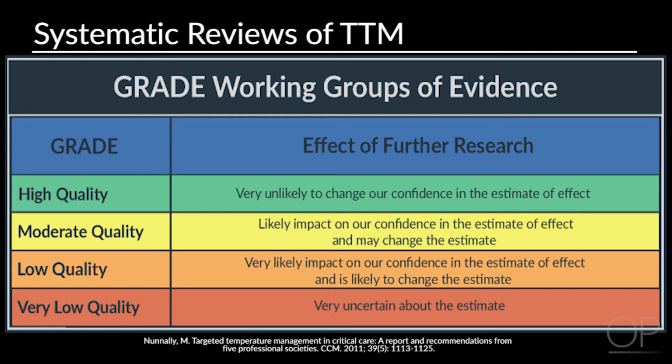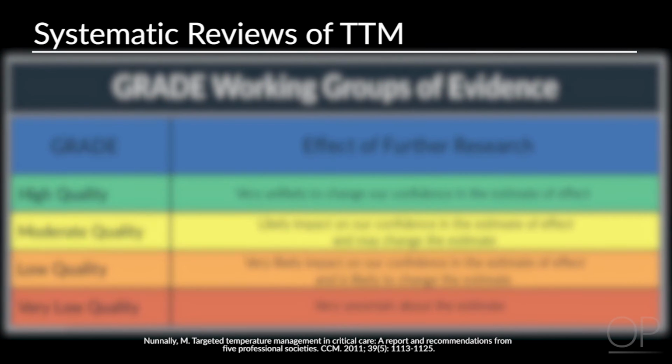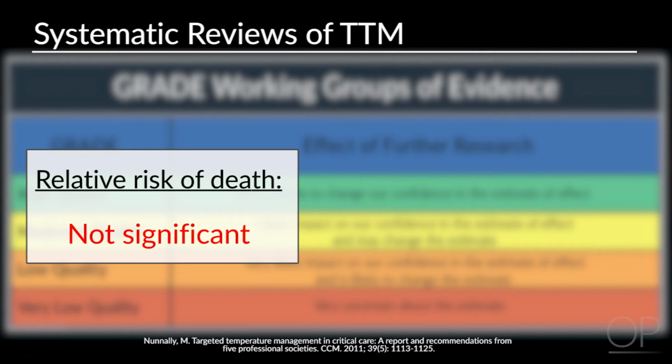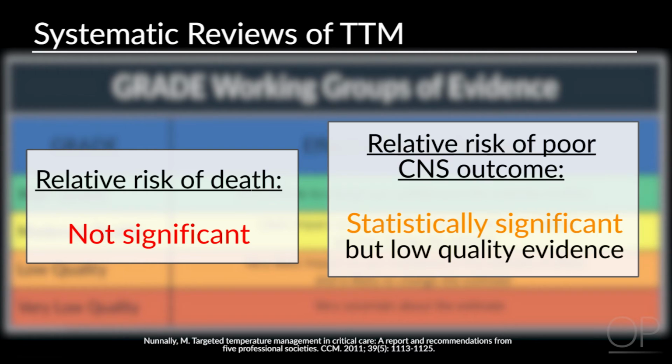And their findings were interesting. What they found was that based upon the same analysis of the data that the Cochrane review had analyzed, the relative risk of death was 0.84, so did not reach significance. The relative risk of poor neurologic outcome was 0.78 and did reach significance.